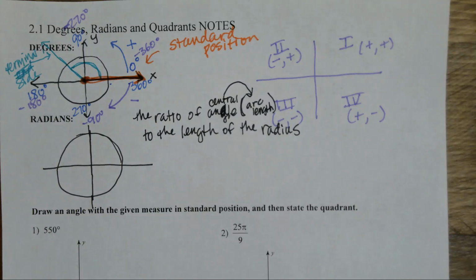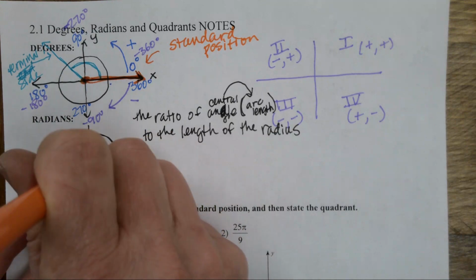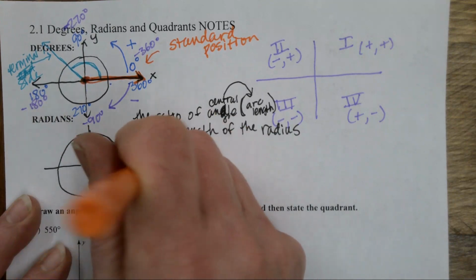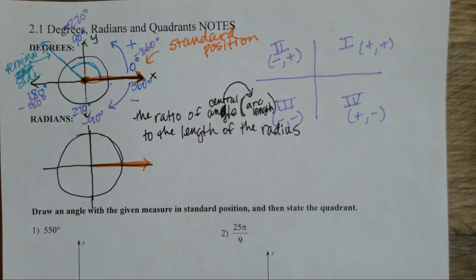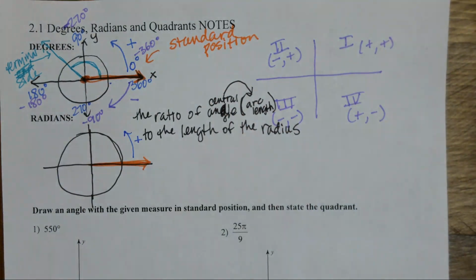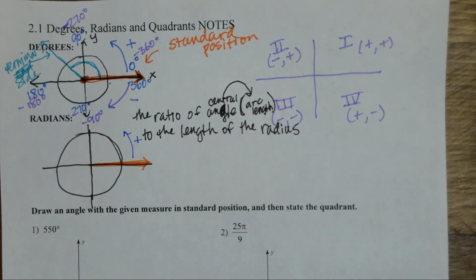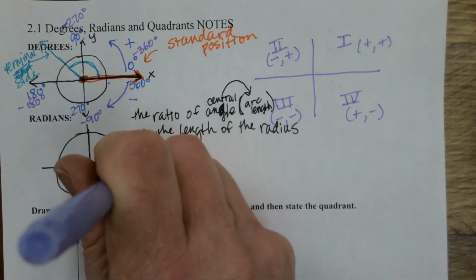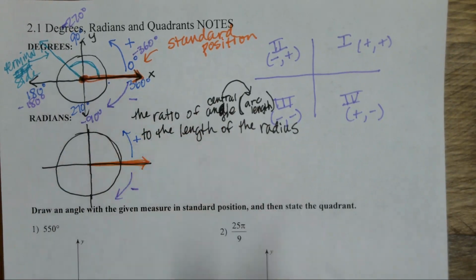And we start in the same position. We still have our same standard position. We still move in the positive direction when we go counterclockwise, and we move in the negative direction when we go clockwise.